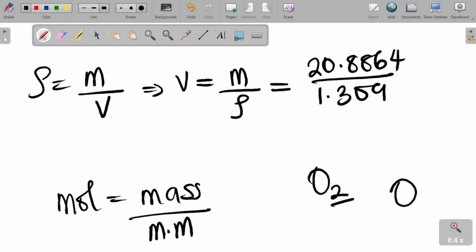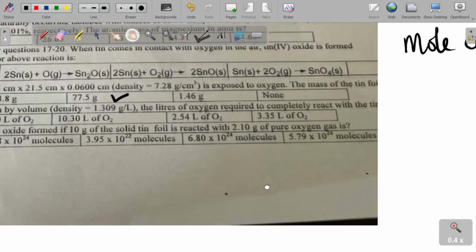Let me get my calculator. 20.8864 divided by 1.309. My value here is approximately 15.96 in liters. So which option is 15.96? Let's see.